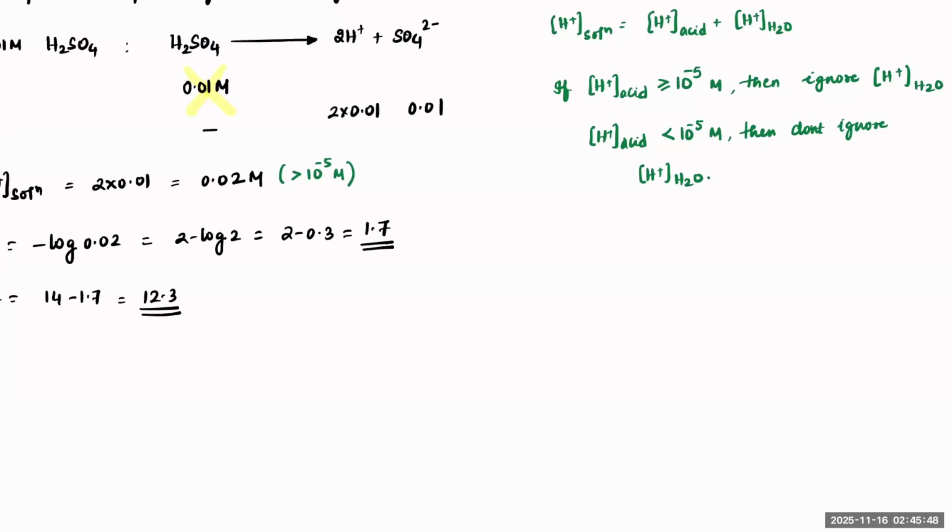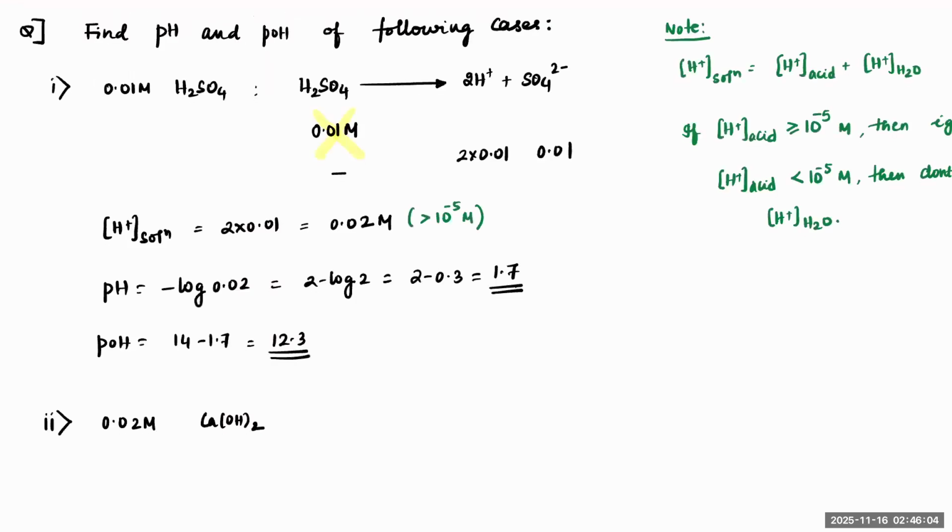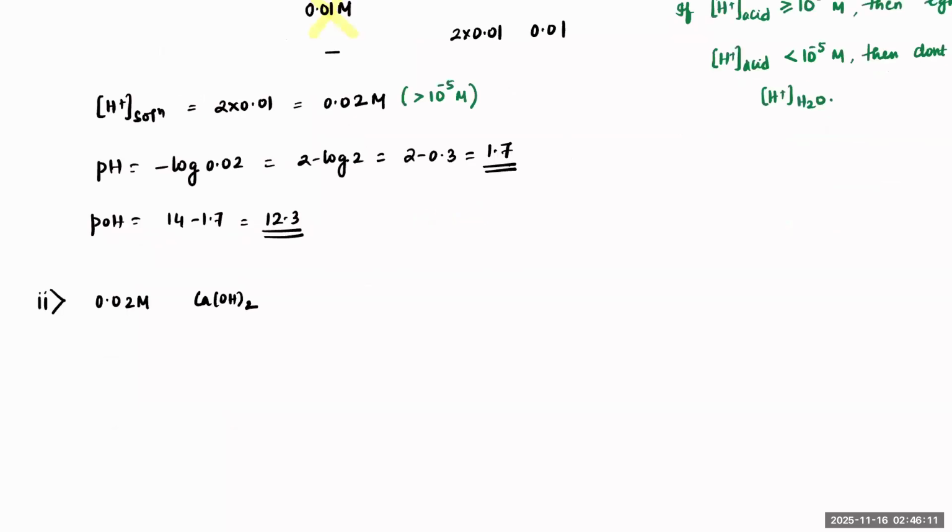Let me show you with an example here. Second one, 0.02 molar calcium hydroxide. If you want to calculate the pH of 0.02 molar calcium hydroxide, I'm giving you the hint to assume 100% ionization, which means expecting this to be a very strong base.